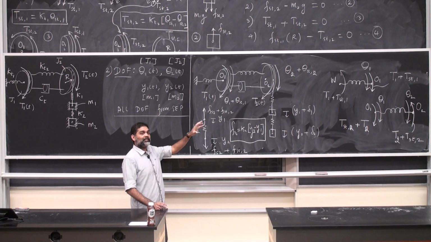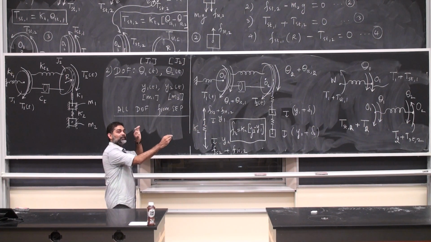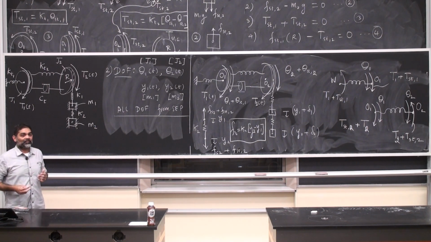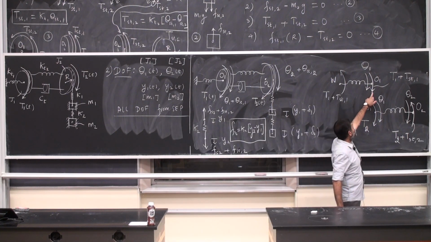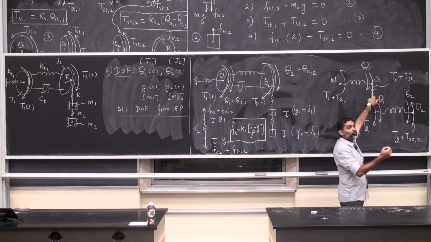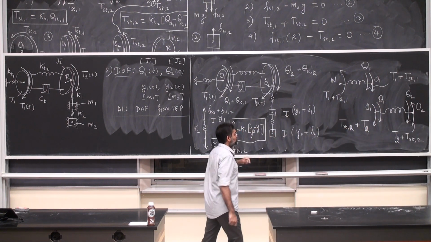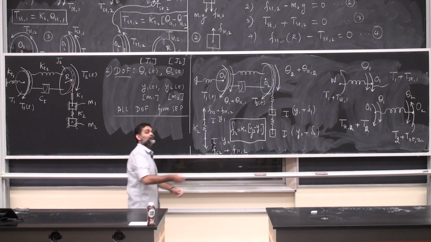Every action has an equal and opposite reaction. So every time you draw an element, whatever you draw at the end of one element has to be equal and opposite to what you draw on the next element. So this torque, as you're saying, will be equal and opposite on the disk O1. But it will be the same sense here. This is a different effect, of course. It's not the same torque carried forward.